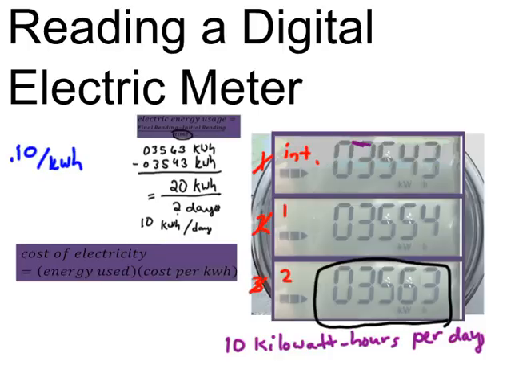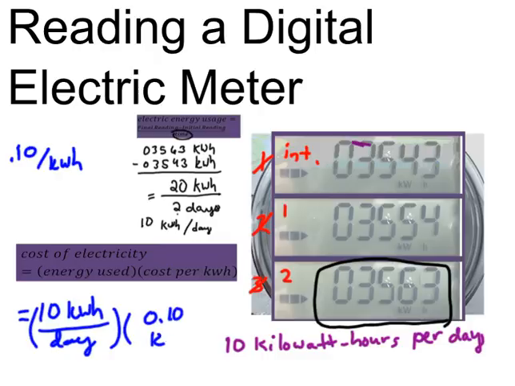All right, we just plug that into our equation. The amount of energy used was 10 kilowatt hours per day. You multiply that by our cost, 10 cents per kilowatt hour.